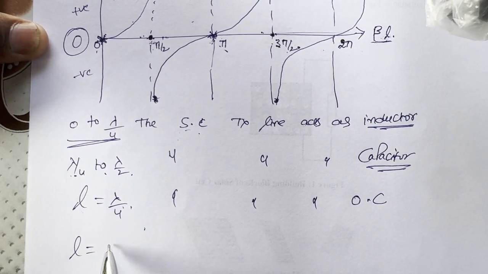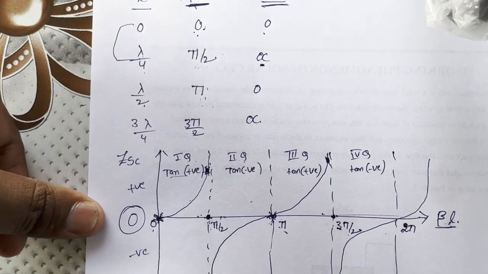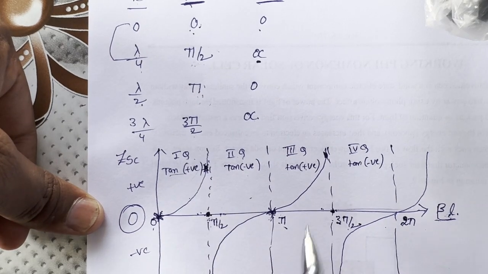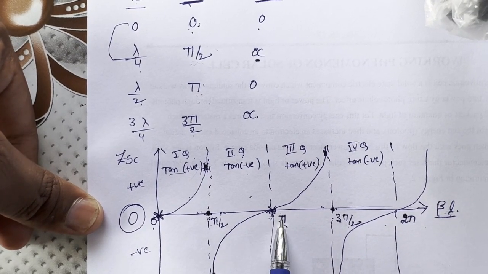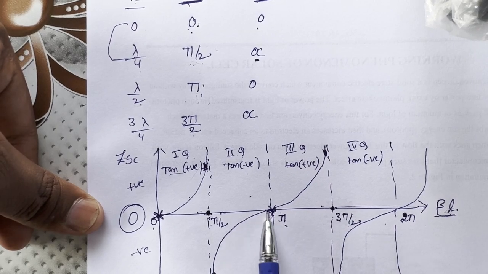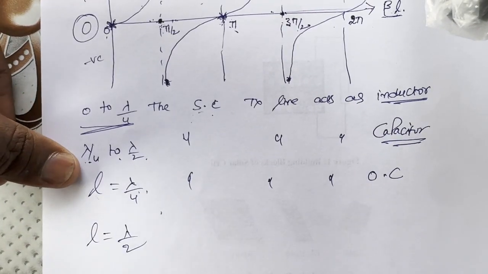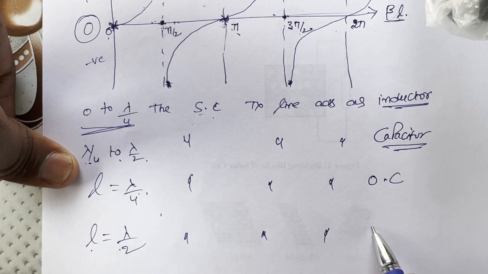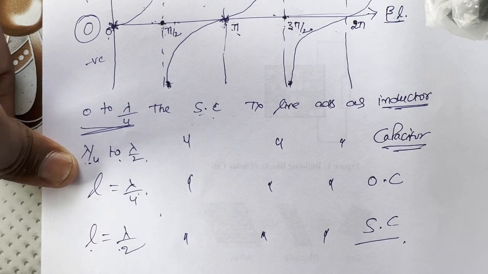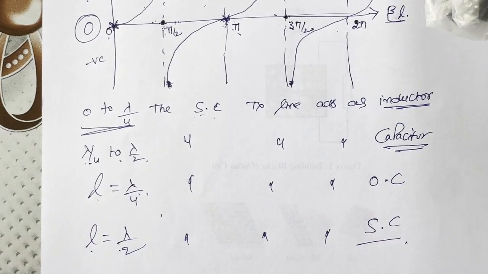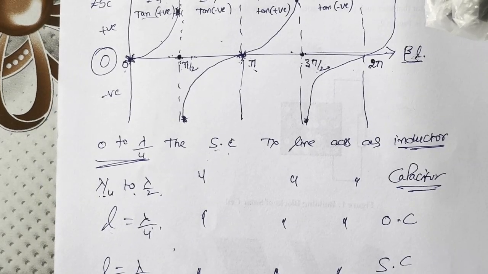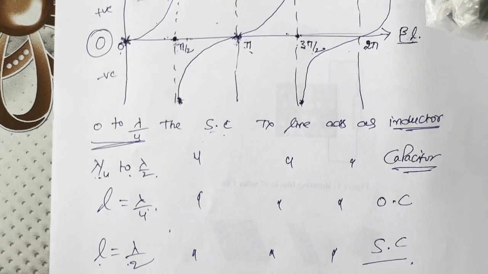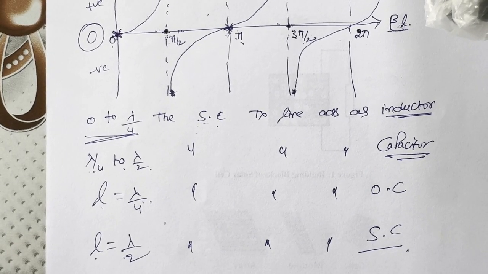At L equal to lambda by 2, that means beta L value pi, the line crosses here, so it acts as a short circuit. These are the points you have to remember while discussing any short-circuited transmission line. In the same way we have to do for the open-circuited transmission line also.